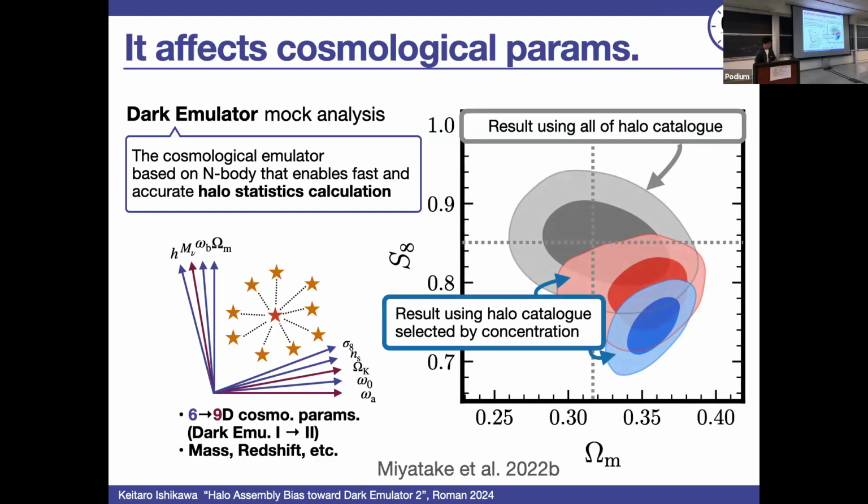For example, the gray contour is the result from the simulation data using full galaxy catalogs, and you can see that it is unbiased from the fiducial value. When we use a mock catalog that is selected by concentration value, the results are biased, like the blue and red contours, if we don't use a template considering the assembly bias effect.